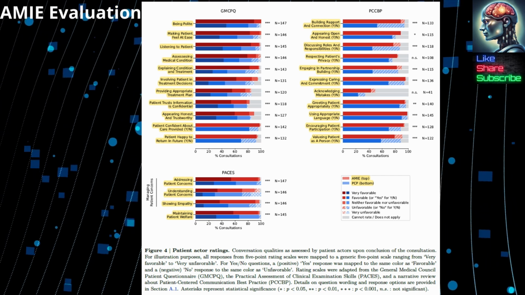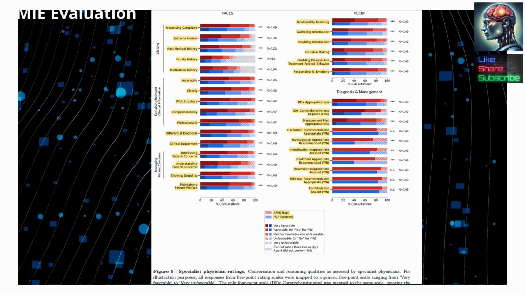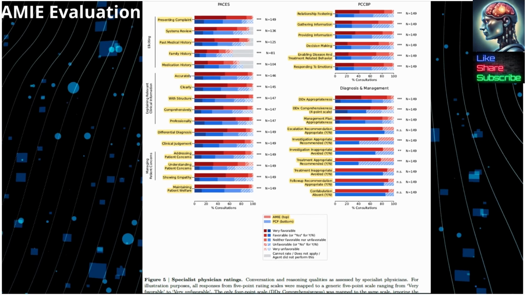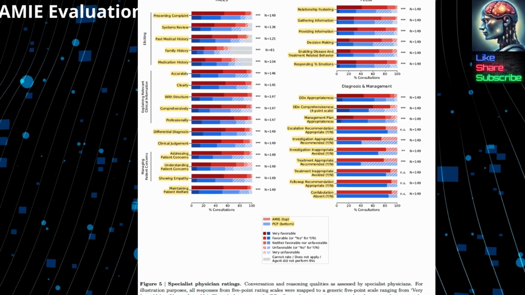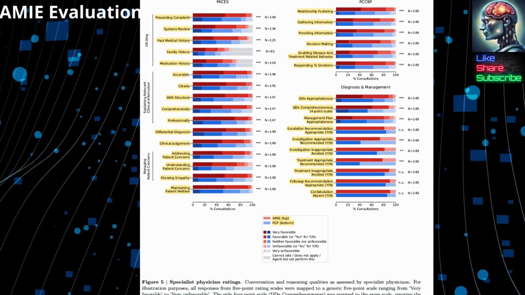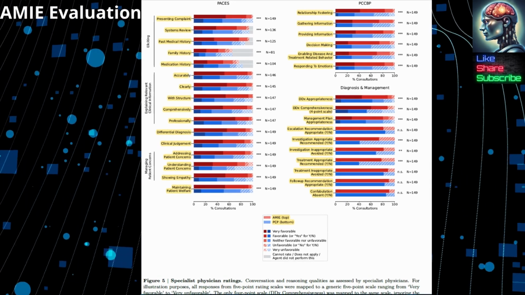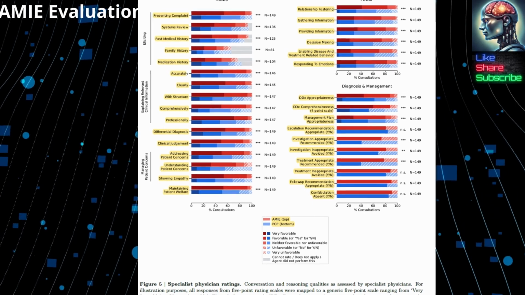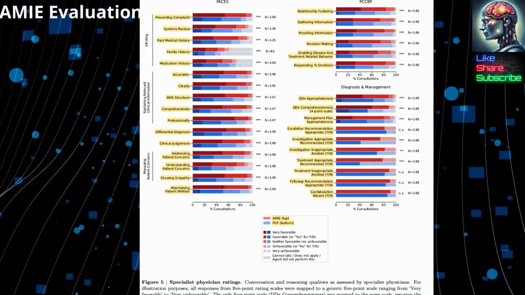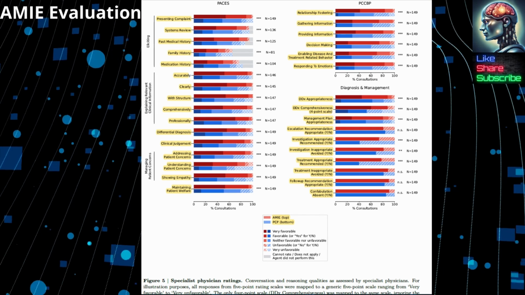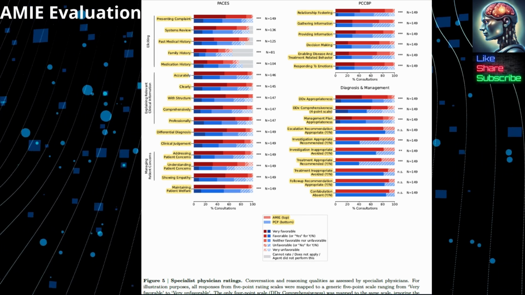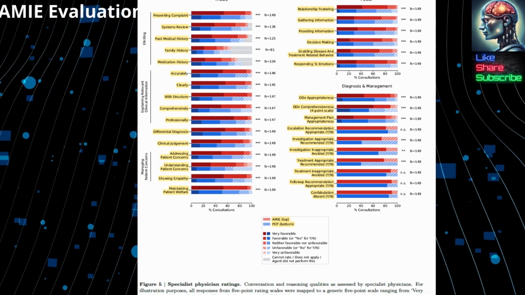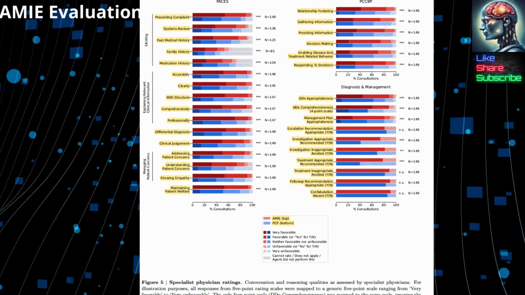In the specialist physician rating, specialist physicians evaluated both the conversational quality as well as the responses to the post-questionnaire for scenarios within their domain expertise. Again, AMIE's responses were rated significantly better by specialists than those from PCPs on 28 of 32 evaluation axes. Specialists preferred AMIE's consultation, diagnosis, and management plan over those from PCPs.